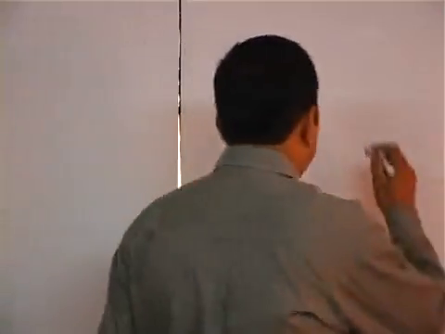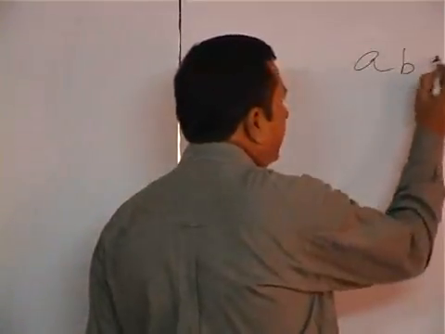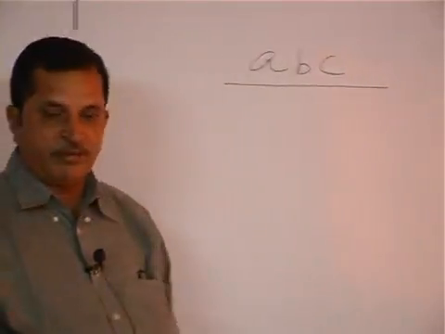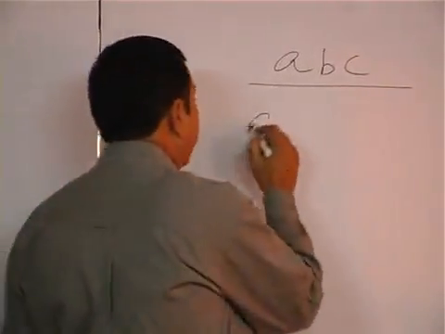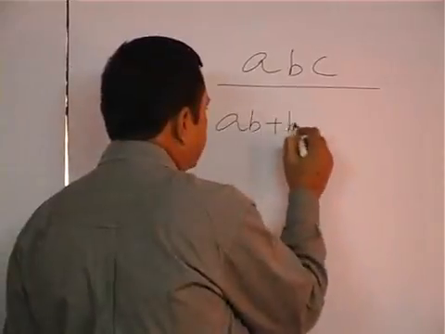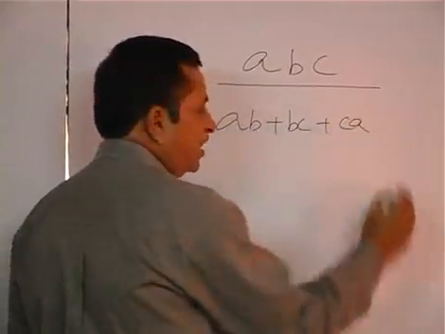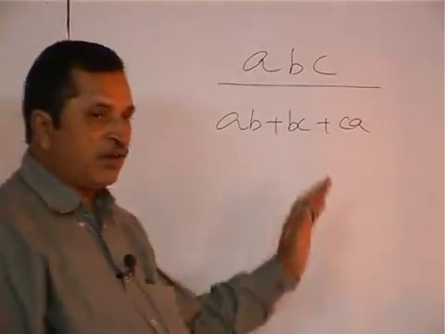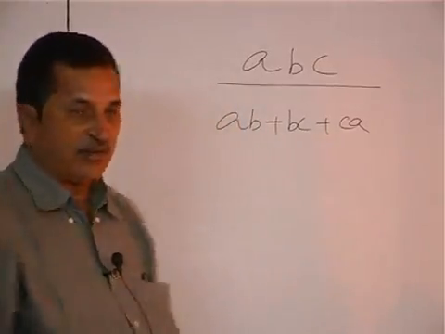If two persons' individual work is given and combined work is asked, it is AB by A plus B. Three individual works are given and combined work is asked, it is ABC by AB plus BC plus CA, not A plus B plus C. Again, here this formula will become lengthy.